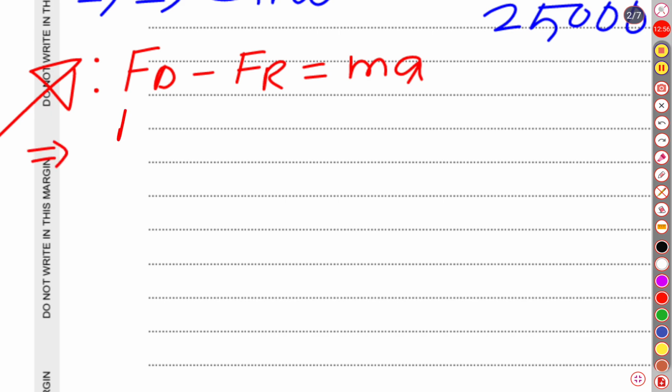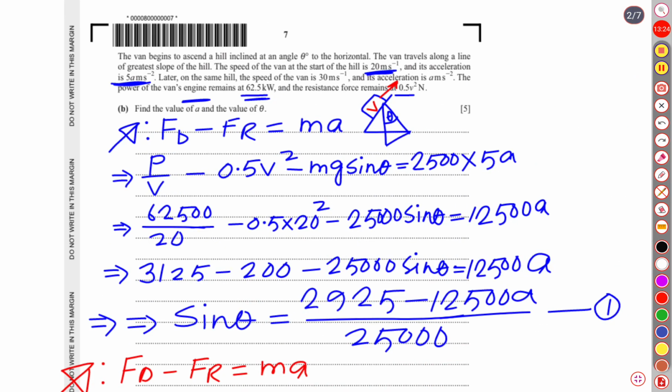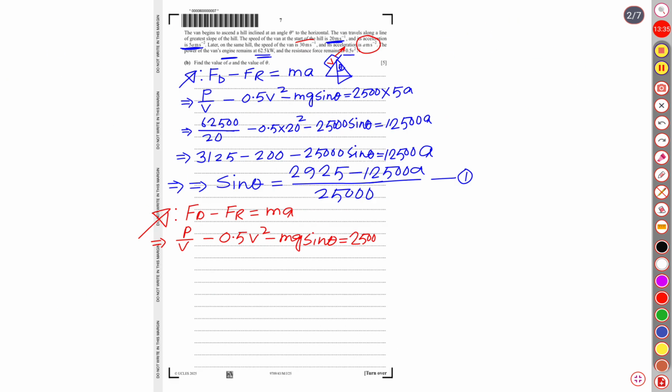Driving force is power over velocity, minus resistance 0.5 v squared, minus mg sine theta, since weight is also causing resistance to motion. Mass is 2500, velocity is 30 meters per second, and acceleration is a, so the right side is simply 2500 a.